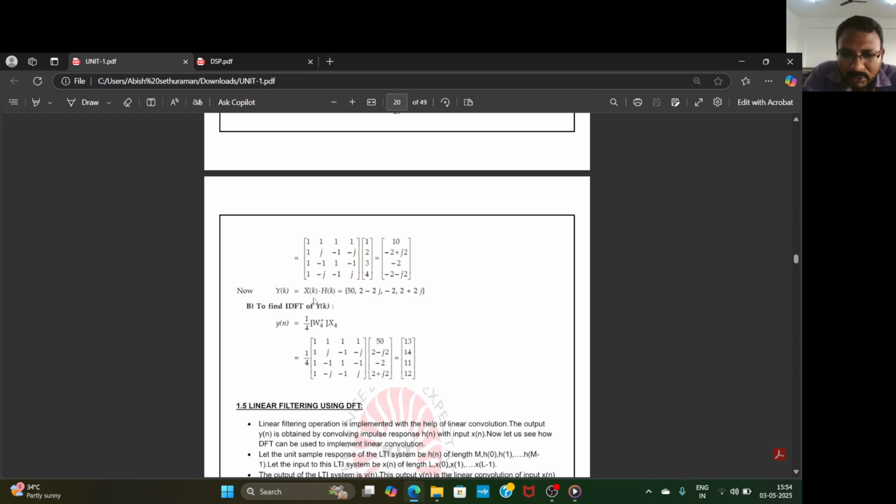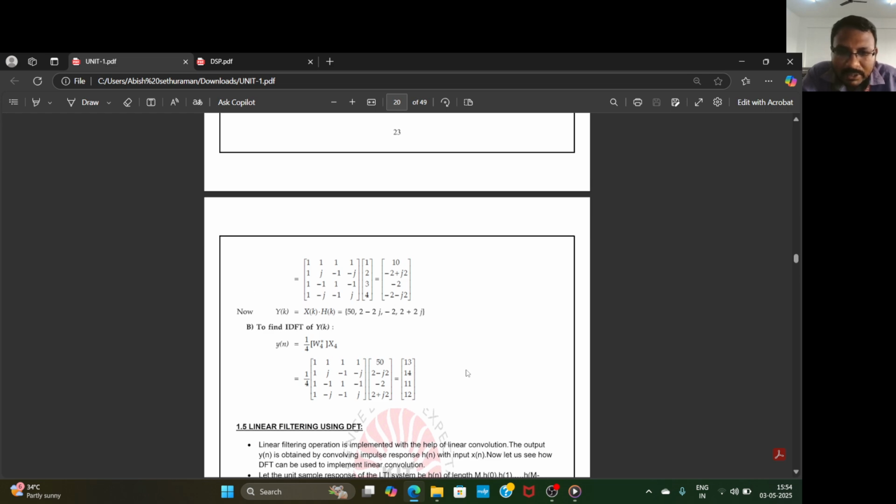Here 1 by N is 1 by 4, and the matrix is already created. X4 is the obtained DFT sequence, 50, 2 minus 2j, minus 2, 2 plus 2j. After row and column wise multiplication, the final answer is 13, 14, 11, 12.